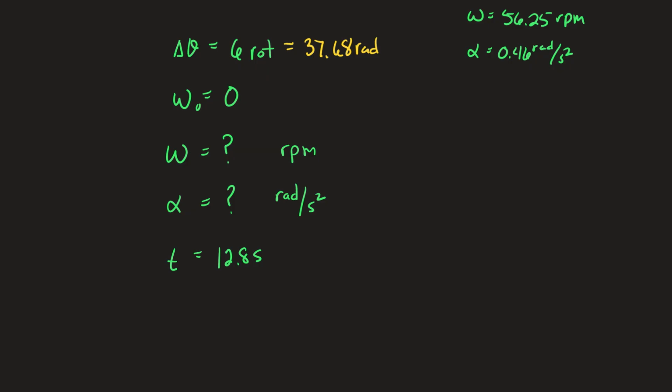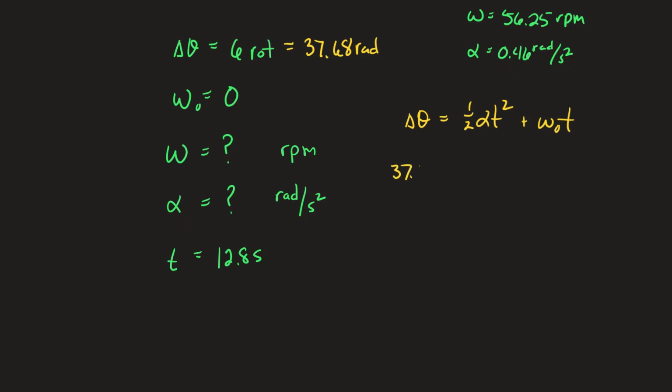We talked about unit multipliers last semester, so if you need to do it the long way, do it the long way. But I would start wrapping your head around the idea that one rotation is about 6 radians. Get an idea for the numbers. So that's how many total radians it makes when it spins around. I'm going to use delta theta equals 1/2 alpha t squared plus omega naught times t.